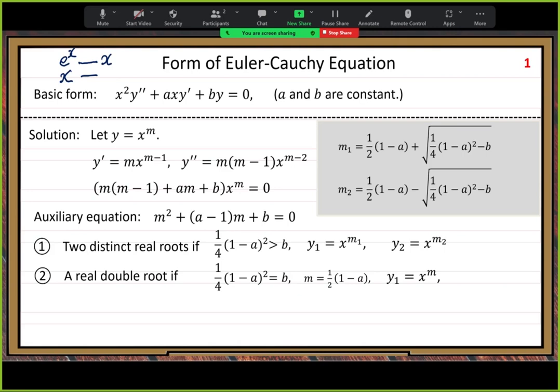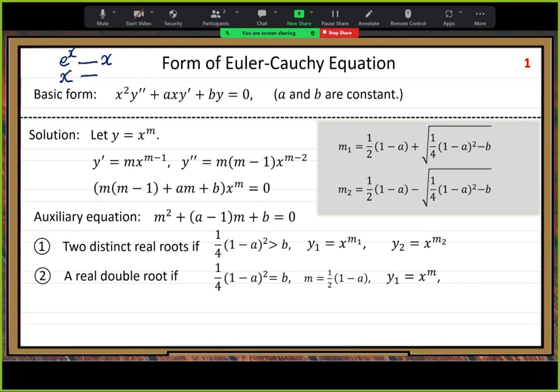Let me give you more information: e has a much higher order than x, since the exponential function increases much faster than a linear function. There, we lowered the order from the e function to x. Here, we also need to lower the order from x to some lower order function.